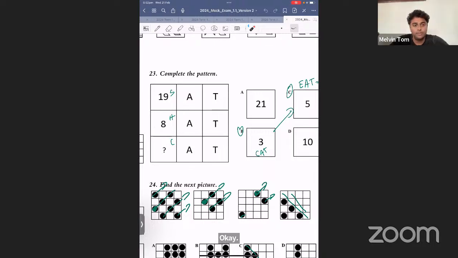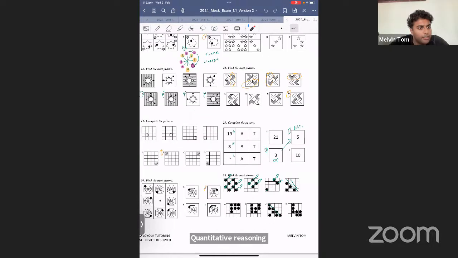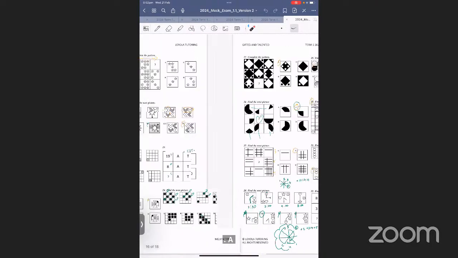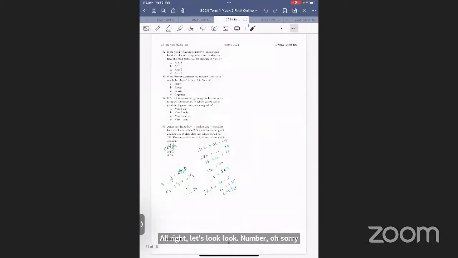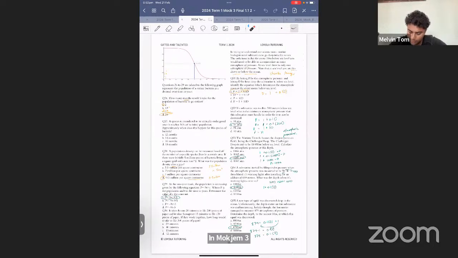Anyways, I want to do some questions now. So let's take a look. Hurain, which question is this? Which subject? Quantitative reasoning? All right, let's take a look. Number 29, in mock exam 3. All right, 29.